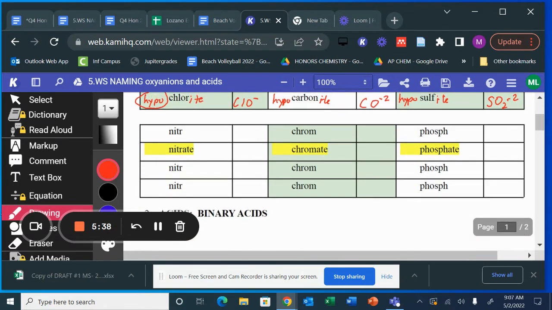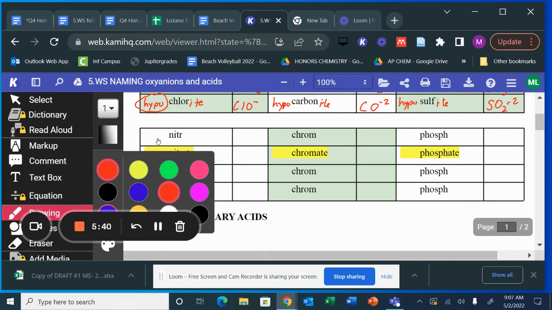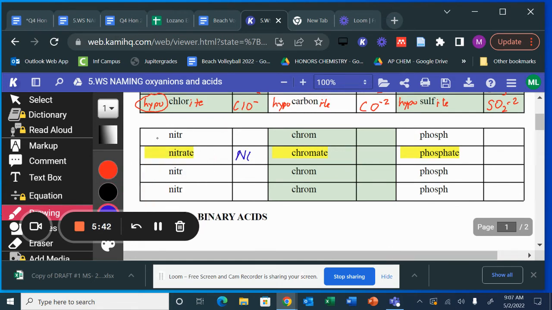Okay, going down here, you memorized nitrate, which is NO3 minus 1. Minus or minus 1 is the same thing, by the way. And then you'll have nitrite, hyponitrite, and pernitrate. Pernitrate would be NO4 minus 1, NO2 minus 1, and NO minus 1.